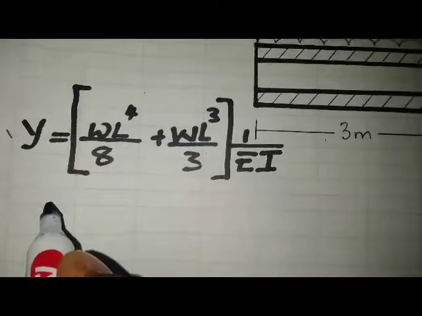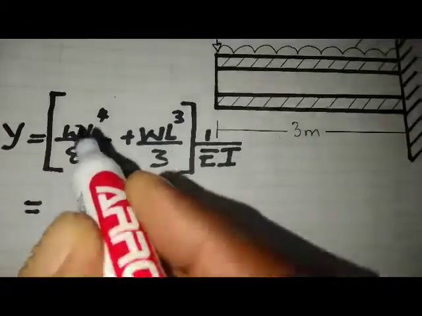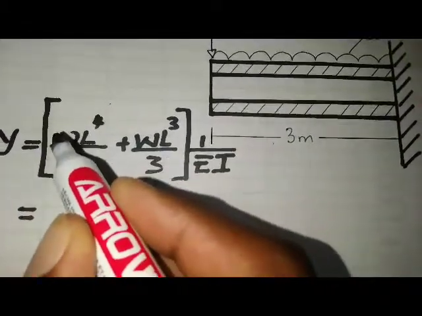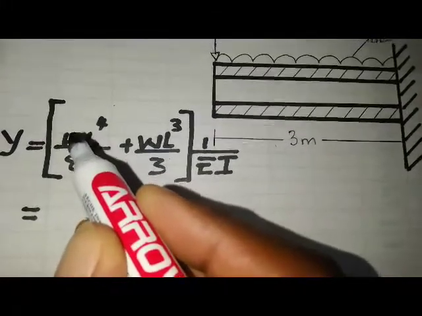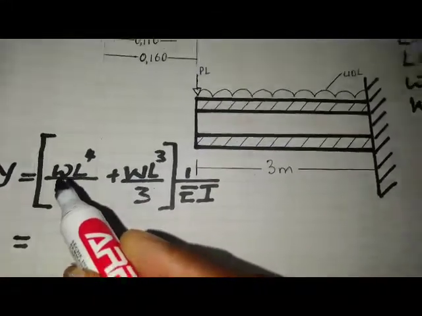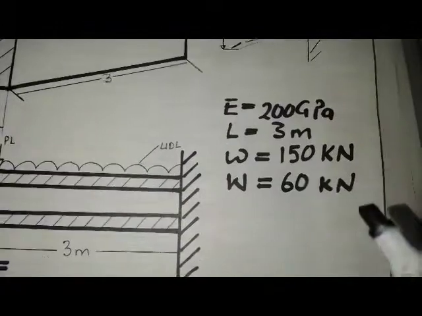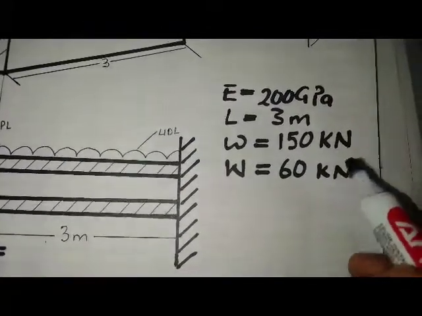So y maximum, that is the deflection, will be equal to, as you can see, this W is for the uniformly distributed load, and you know that for a uniformly distributed load the units must be kilonewtons per meter.